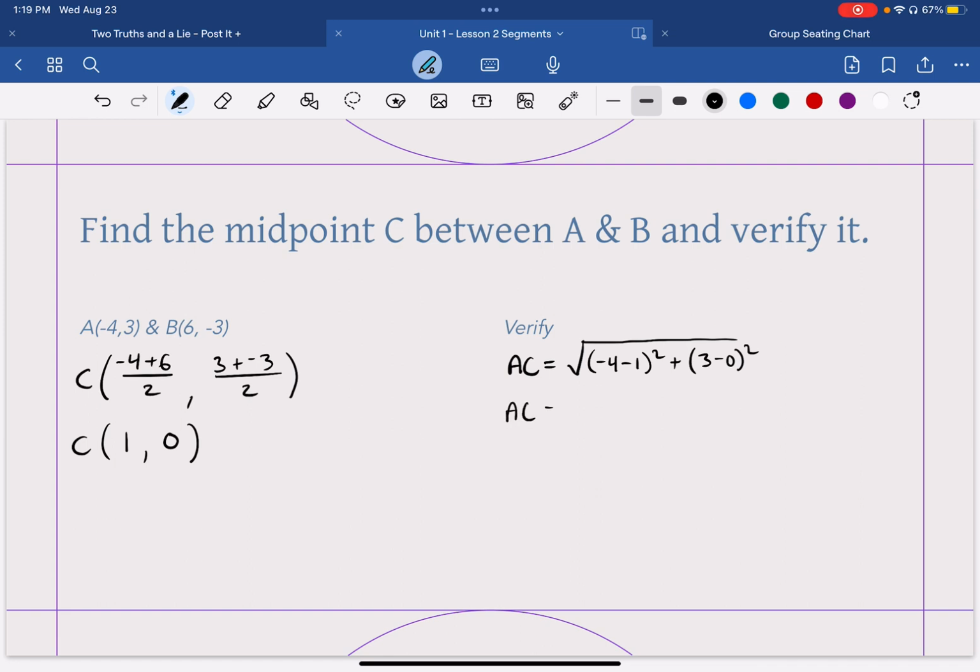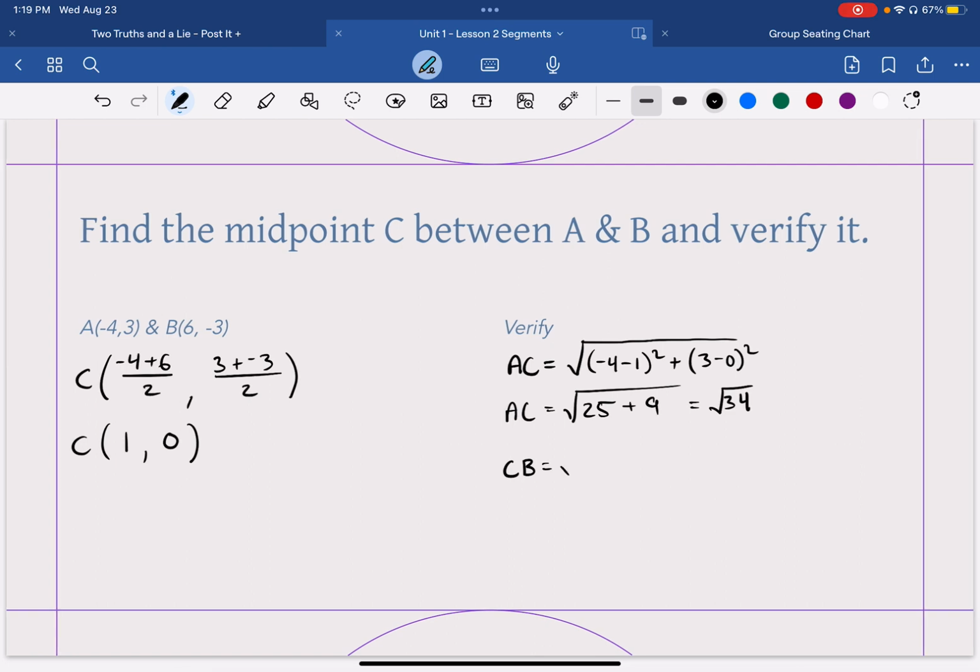So AC is going to equal 25 plus 9. And let's just leave it as that. Okay, we don't need to find the decimal or anything because verifying it just means that we want to find that if both AC and CB are going to be congruent, then we know that C is the midpoint.